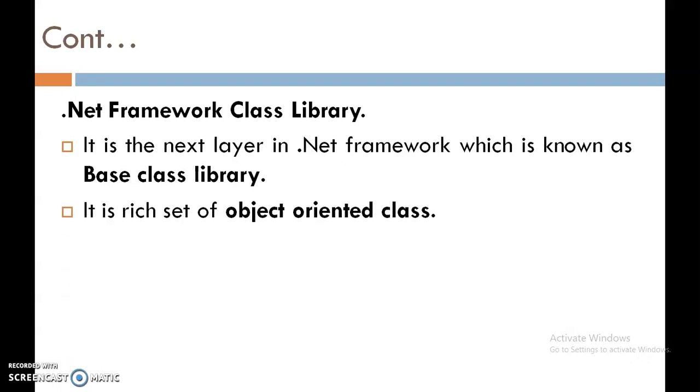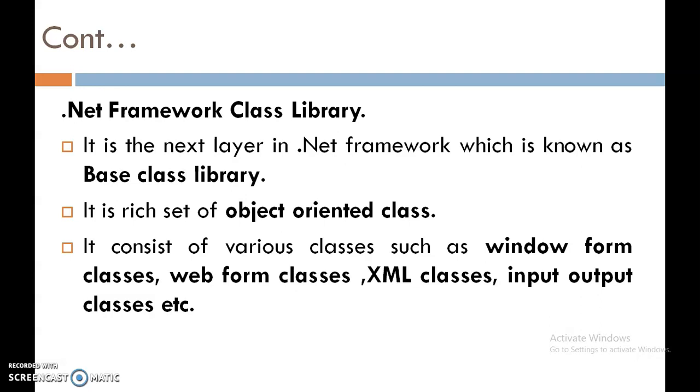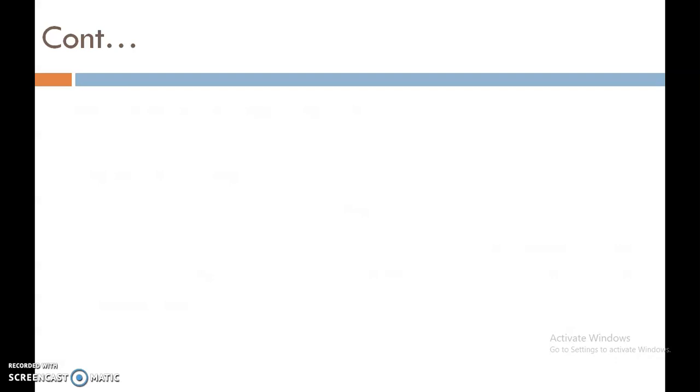It is a rich set of object-oriented classes. The .NET Framework is a collection of classes or namespaces that can be used to develop applications. The class library consists of various window form classes, web form classes, XML classes, data classes, input-output classes, etc.